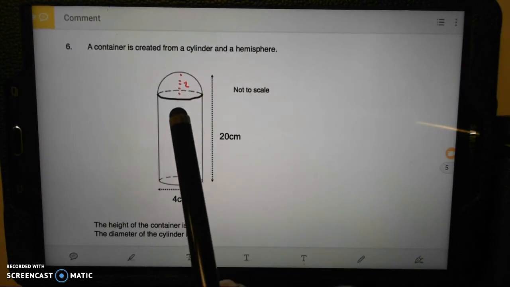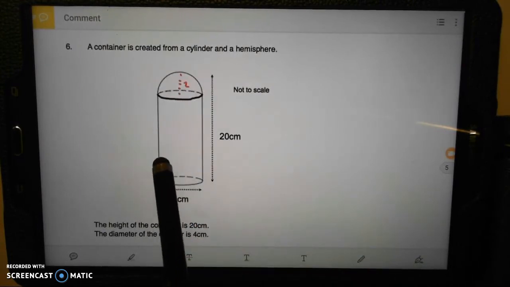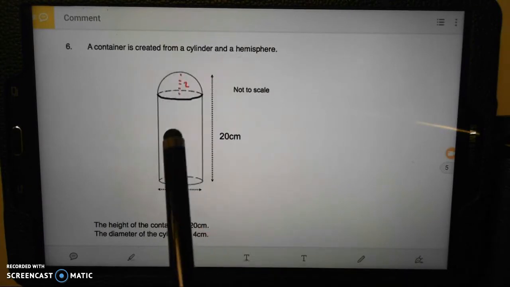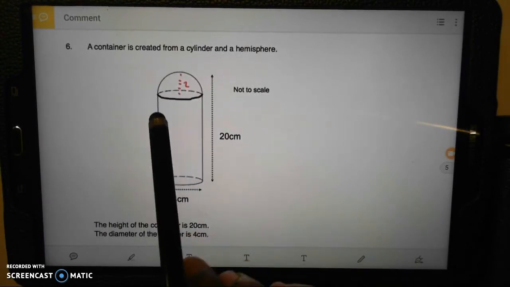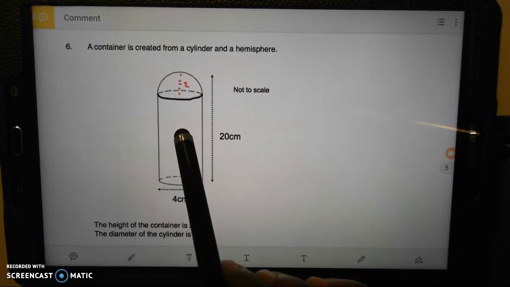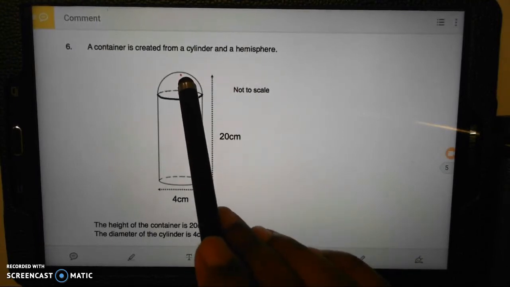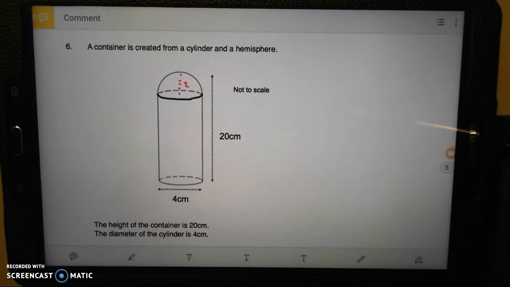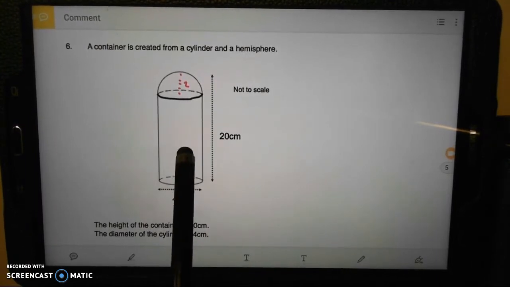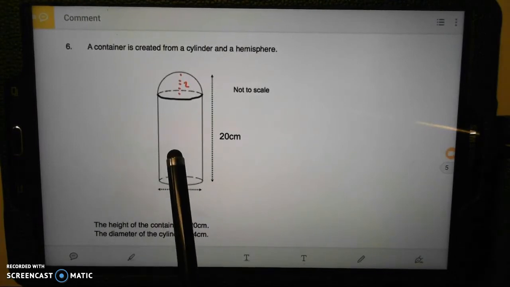So they've told us that this container here is created from a cylinder. This bottom bit here is a cylinder, and then a hemisphere, which is half of a sphere. The top, the dome bit, is half of a sphere. So it's two shapes added together to make your container: a cylinder and a hemisphere.